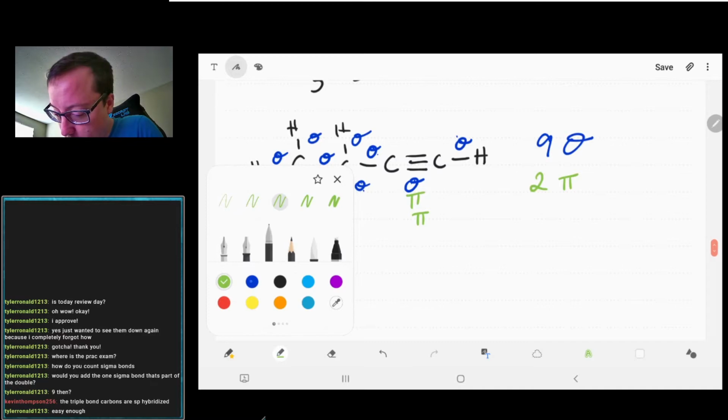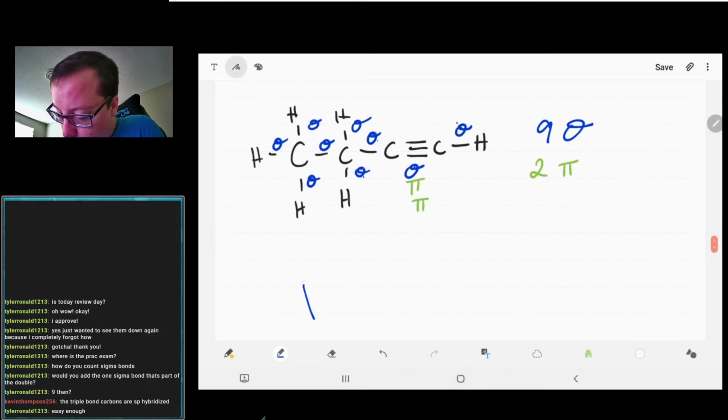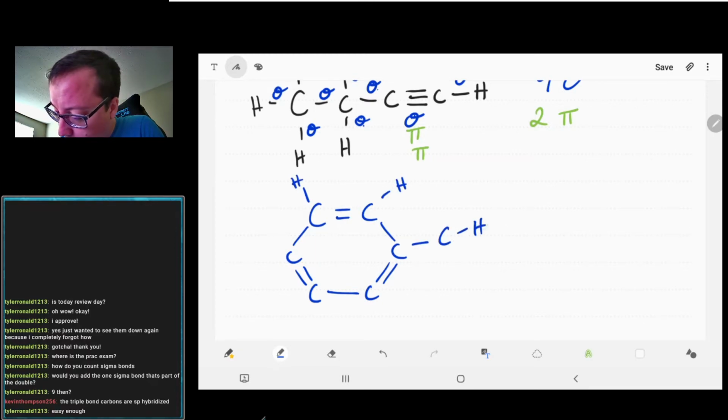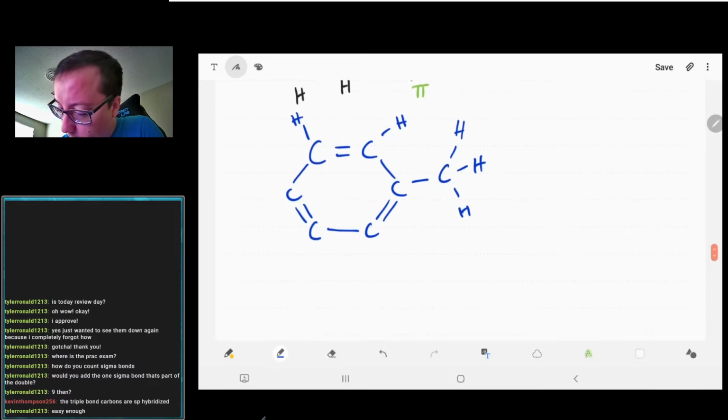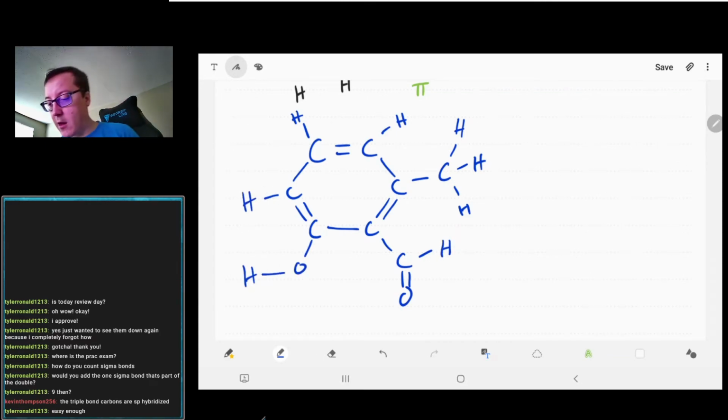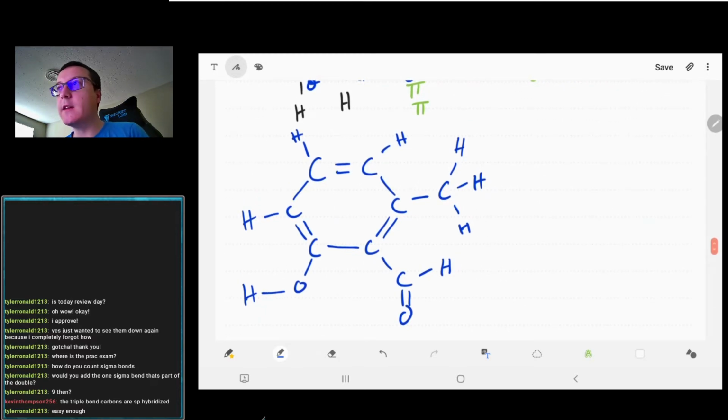Let's do another one. I guess I need to put the carbons in for you guys. Okay, crazy molecule here. Indeed.